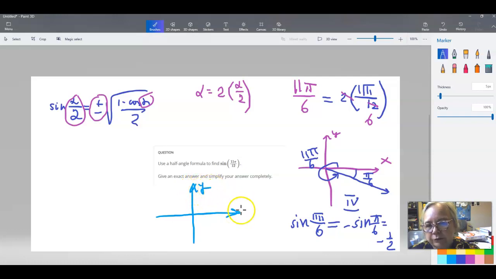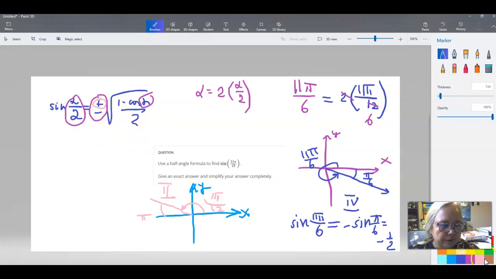So we go in a positive direction here, but we won't reach pi. That's the angle 11 pi over 12. This reference angle is pi over 12, and the second quadrant gives us a positive y coordinate. That means we choose the positive sign in front of the square root.